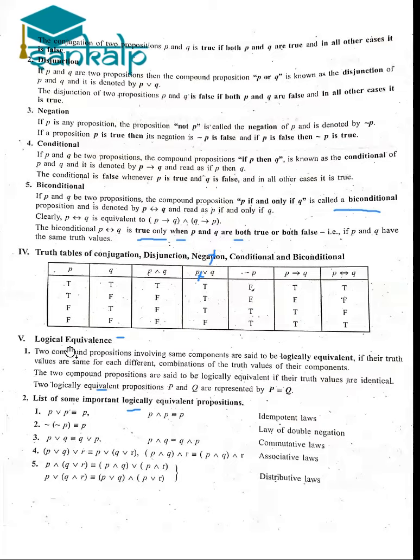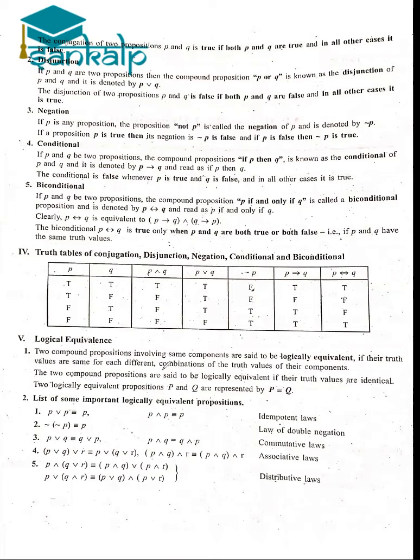Next, logical equivalence. Two compound propositions involving the same components are said to be logically equivalent if their truth values are the same. So if the truth values of two compound propositions are the same, then such compound propositions are called logically equivalent.